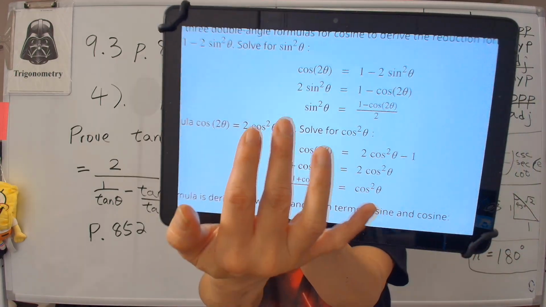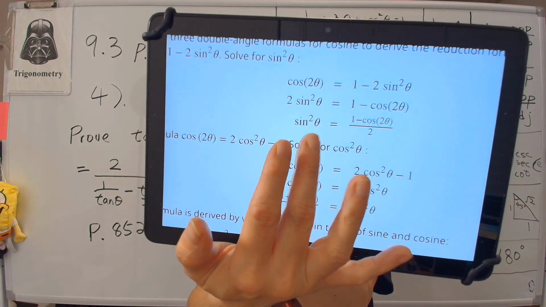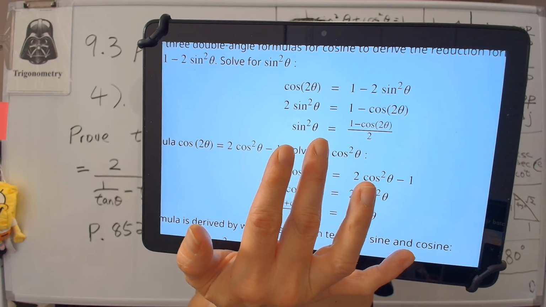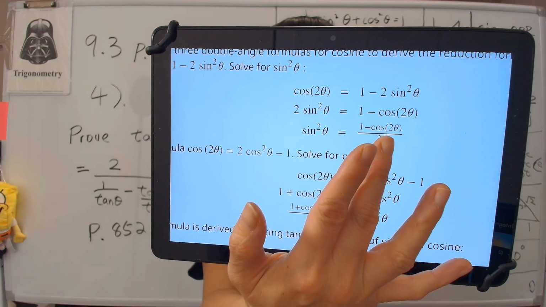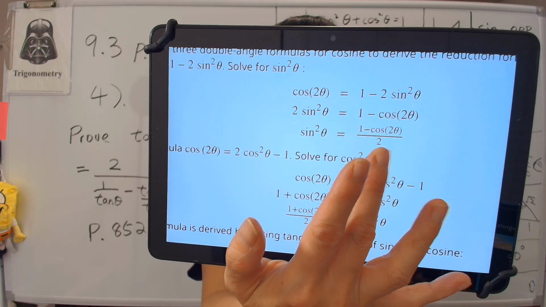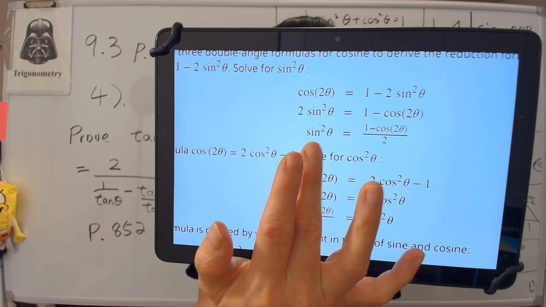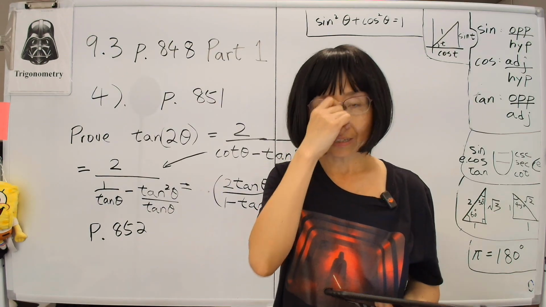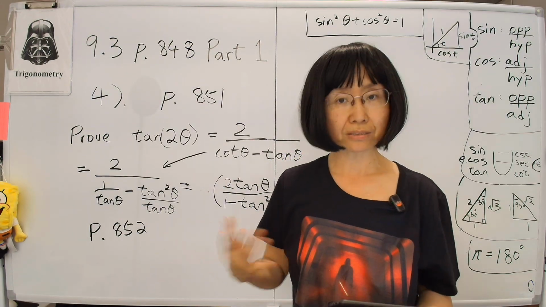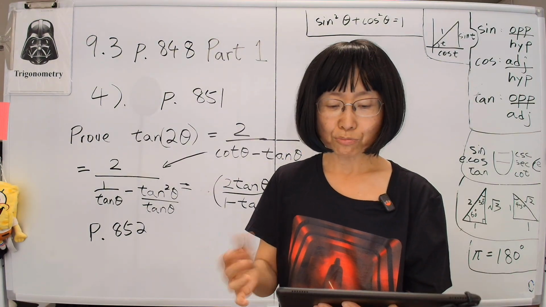What we're trying to do is reduce sine squared, which is kind of hard to deal with, into something that doesn't have squares in it, okay? It got turned into a cosine 2 theta, etc. The purpose of that is that in calculus, it will make certain things easier. So that's why we're doing this.